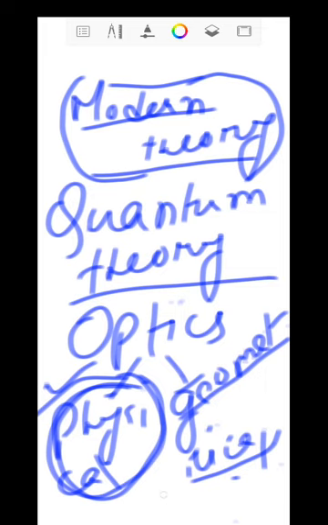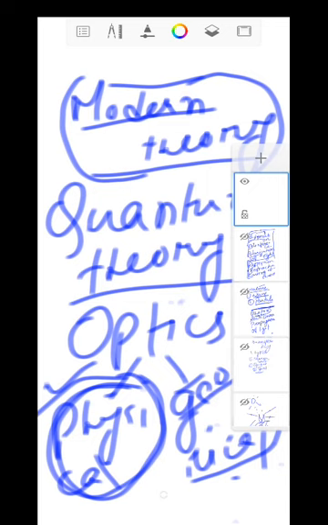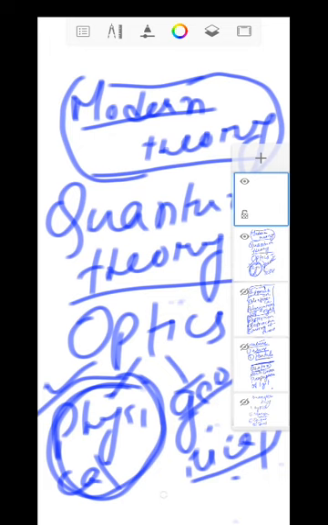Geometry means lines must be there, and line means straight line, so we can say ray. So geometrical optics deals with the particle theory or particle nature of light.